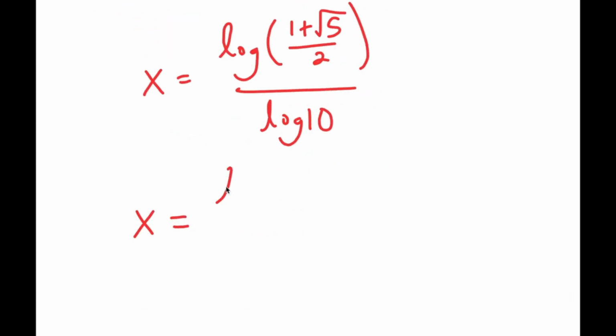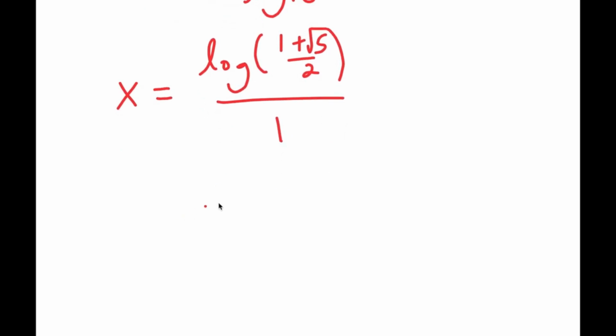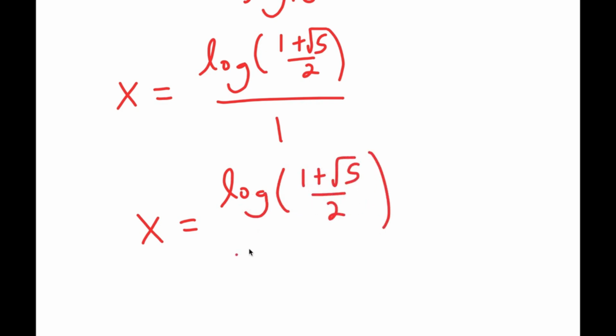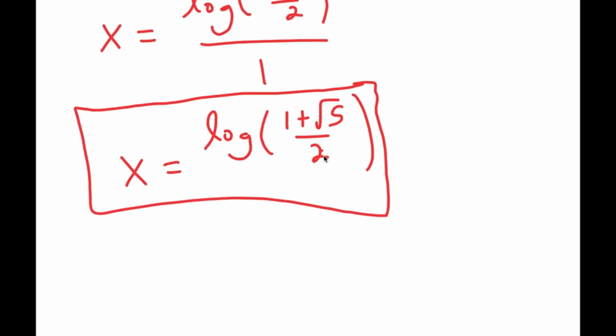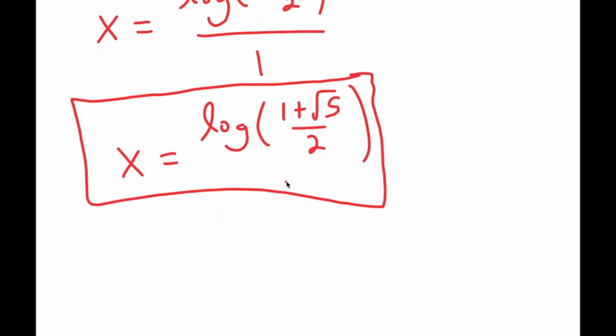So this turns into log of (1 plus the square root of 5) over 2, over 1, which is the same thing as log of (1 plus the square root of 5) over 2. There's no need to include the over 1 because anything over 1 is itself. So this is my solution to this equation.